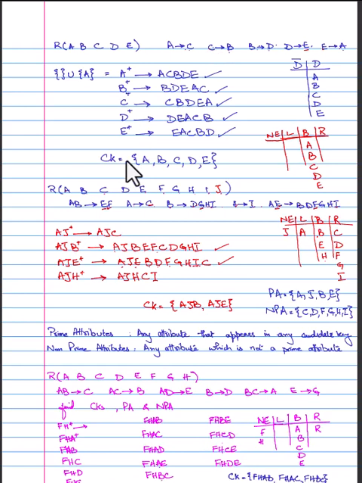So this means all of these attributes are super keys as well as candidate keys and can be the primary key. We can take the primary key on any of these attributes. But remember the characteristic of the primary key: we can have only a maximum of one primary key in the table.